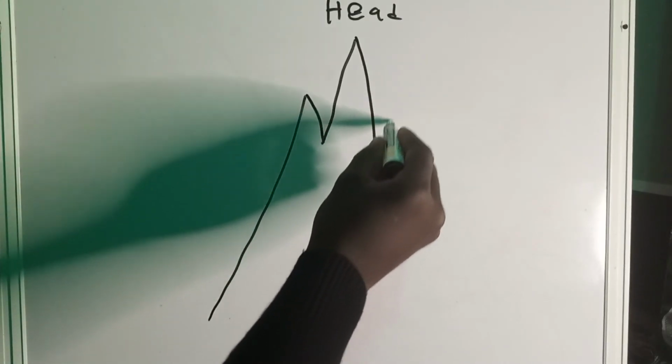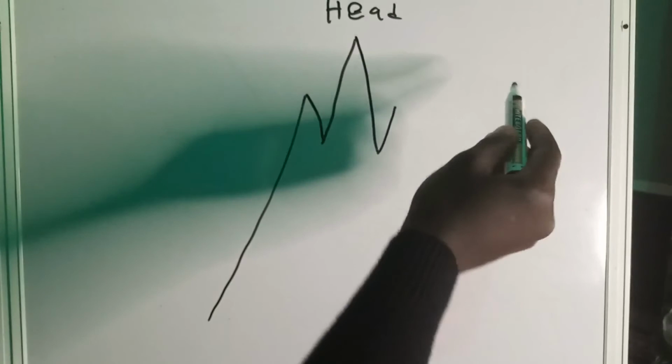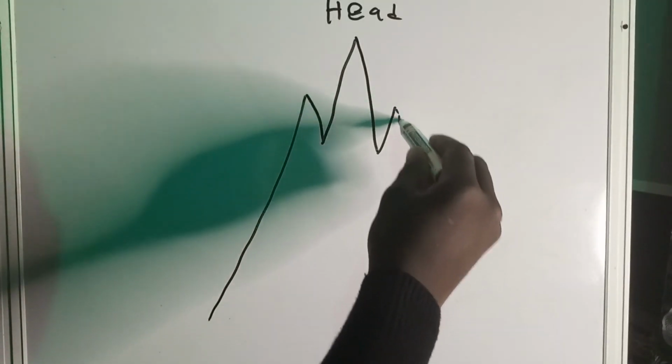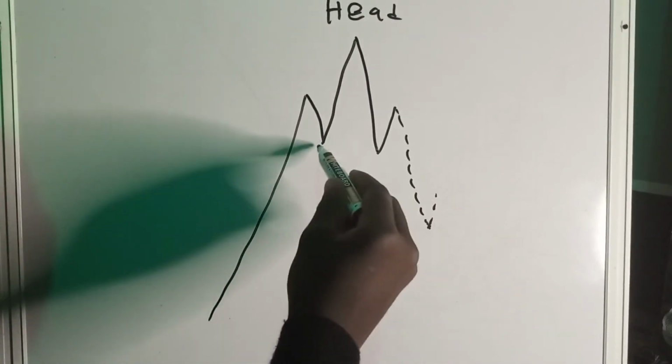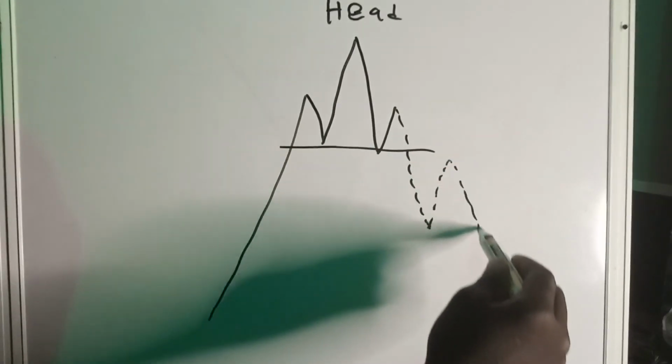Then price will go back to this resistance, giving you the right shoulder. Then price will pull back and then break this support level, go back for a retest, and then drop.